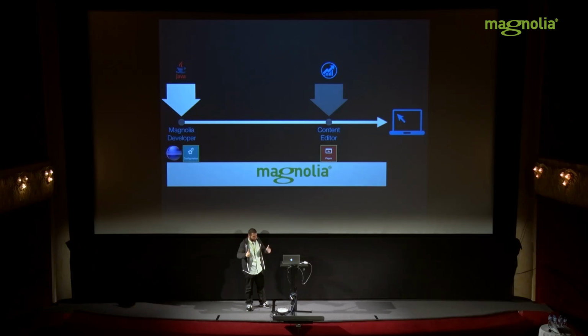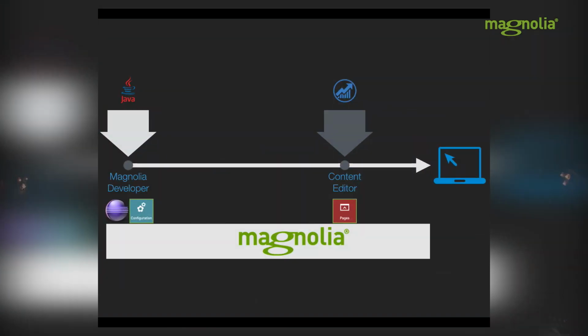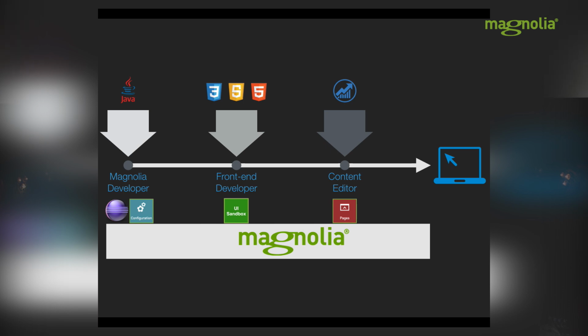I hope this is descriptive to indicate strategy or something important that they bring to the table other than technical skills, which allows them to do their job without worrying about the technical and implementation details that are taken care of by the Magnolia developer. Perfect. But how about the template developer? I think there is a huge gap between those two users, and this is where the front-end developer or template developer sits, exactly here in the middle, to bridge the gap.